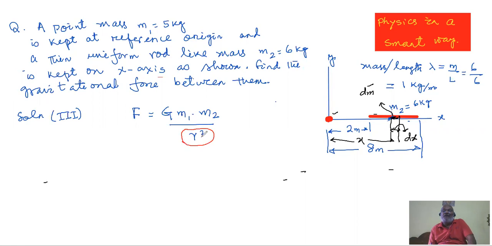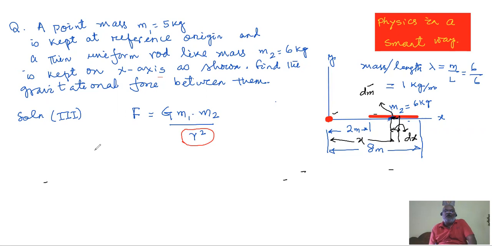So what is the proper value of R we must take? In the first solution, we took the position of the center of mass, and at that time that somehow did look logical.